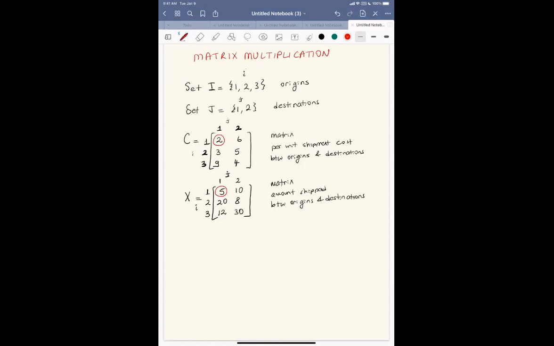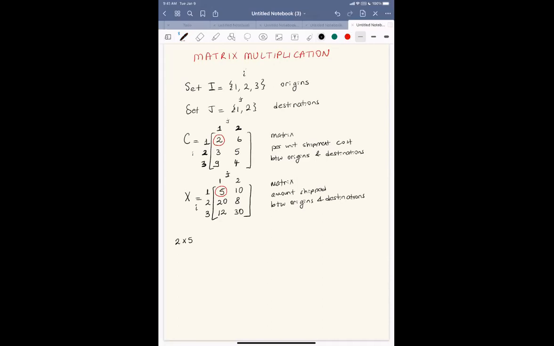So that's C11 and X11, because it costs $2 per unit to ship from the first origin to the first destination, and the amount we shipped is exactly 5 units between them. I'm going to write down $2 per unit times 5 units.